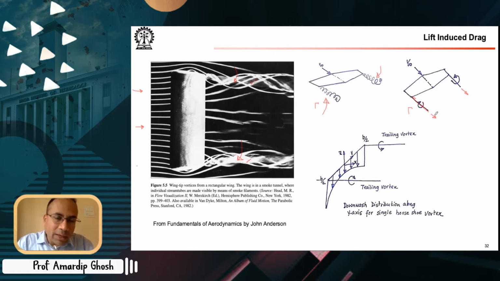And just like we have streamlines, there's something called vortex lines. We will talk about it after two or three slides. Once you figure out the direction of the vortex lines, which are along the vorticity vector, it is just like streamlines: the tangent to a streamline at any point gives you the direction of the velocity at that point.